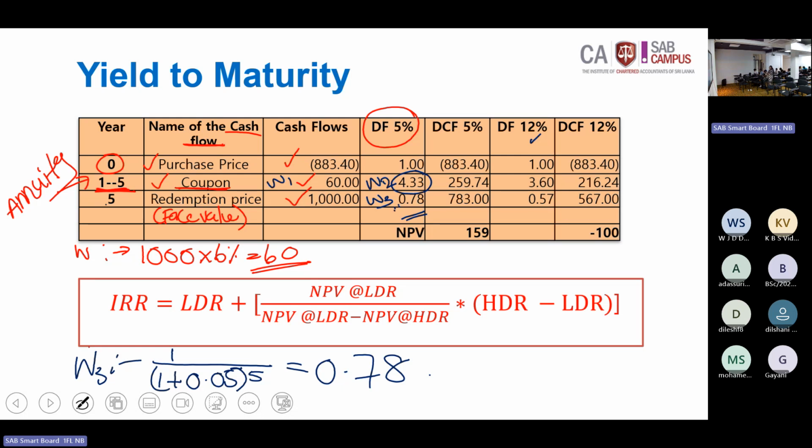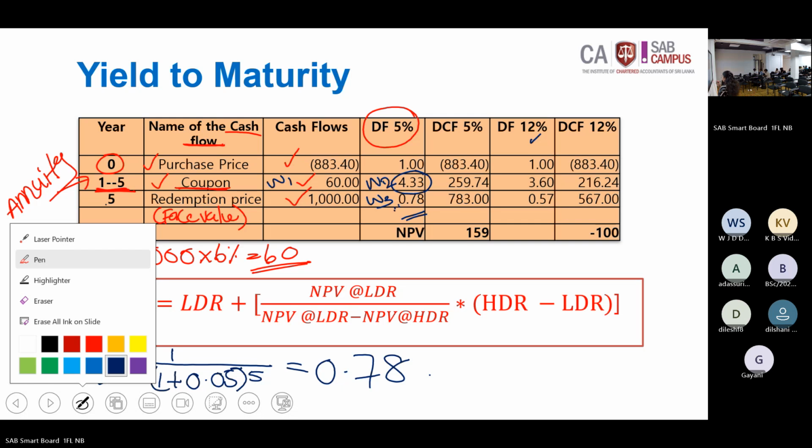How can you calculate the discount factor? At year 0 it is 1, so 1 multiplied by the cash flow, 883.4, again minus. How can we derive this 3.6? Working number 4. So I need to do this one now, working number 4.